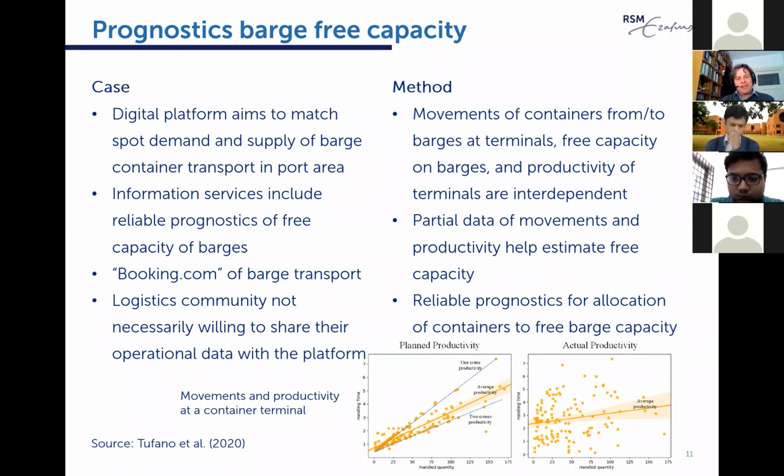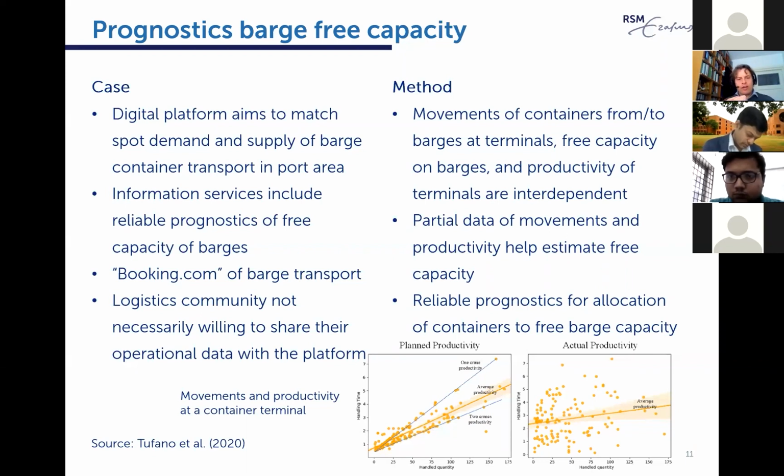Okay, so that's how you're trying to understand what you're observing in the data from the idea that the crane has a certain productivity and that sometimes you use one crane and sometimes you use two cranes to handle a barge. Okay, so that was how we were going about, and this is by itself not a very advanced exercise, but it was part of, let's say, the exercise of looking at all sparse data and trying to build a complete picture around that.